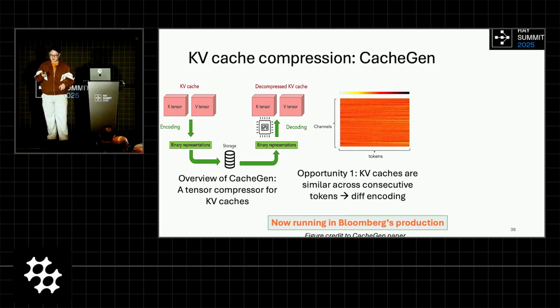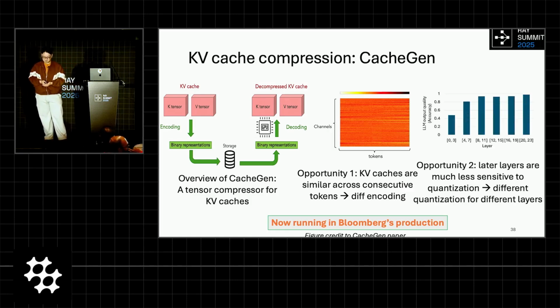For this figure, the x-axis is the tokens and the y-axis is different channels. I'm not sure you can see it, but there's a horizontal artifact, and that signals the KV cache is continuous in the token dimension. So we can use difference-based encoding. And also, we found that different layers are not built equally.